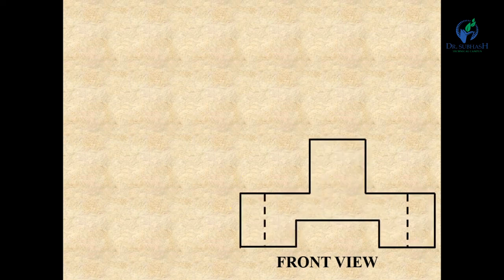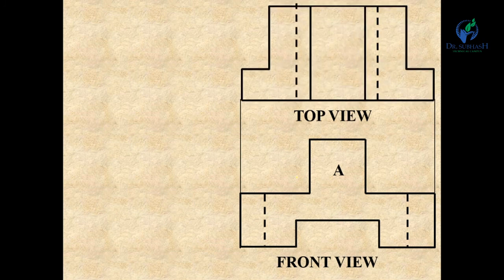Now let us draw the front view first. In the third angle projection method, the front view is below the XY line, the top view is above the XY line, and the left hand side view is to the left of the front view. So first of all draw this front view, portion A. Then draw the projections for the top view. Now you can see the top view of that object above the XY line.